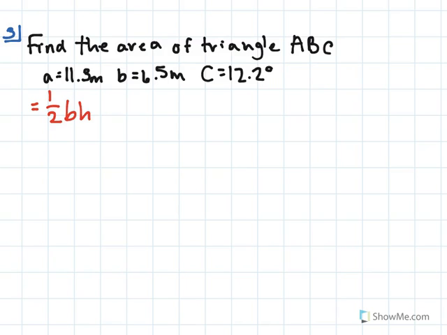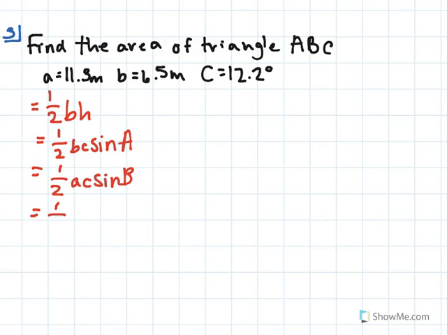However, we can rewrite some of these formulas using the things that we know about sine and cosine. So we could also say that area equals 1/2 BC sine of A, or 1/2 AC sine of B, or 1/2 AB sine of C.